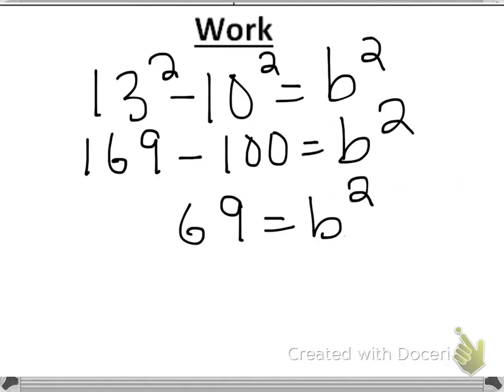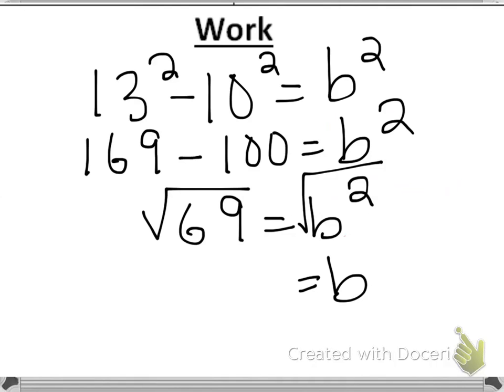Uh-oh, am I done yet? Nope, we have the square. How do we get rid of the square from the equation? What is the inverse of squaring a number? That's right, square root on both sides. Now, we already know that the square root of 69 is a non-perfect square.